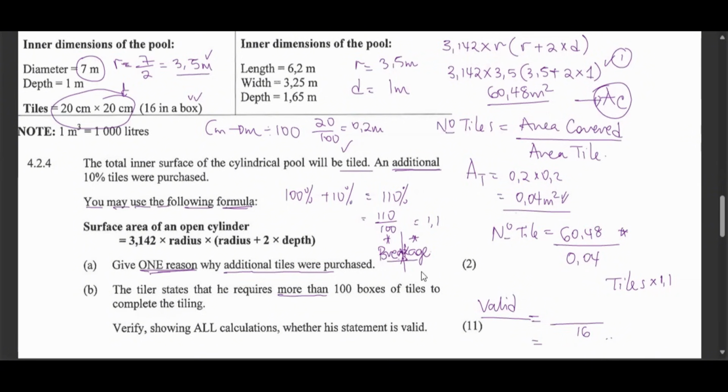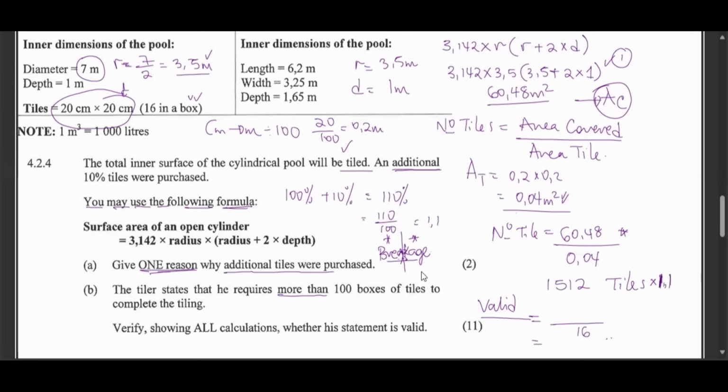So when we divide 60.48 by 1.6 divided by 0.04, we have 1,512. These are the tiles that are needed. You understand? The tiles are needed.